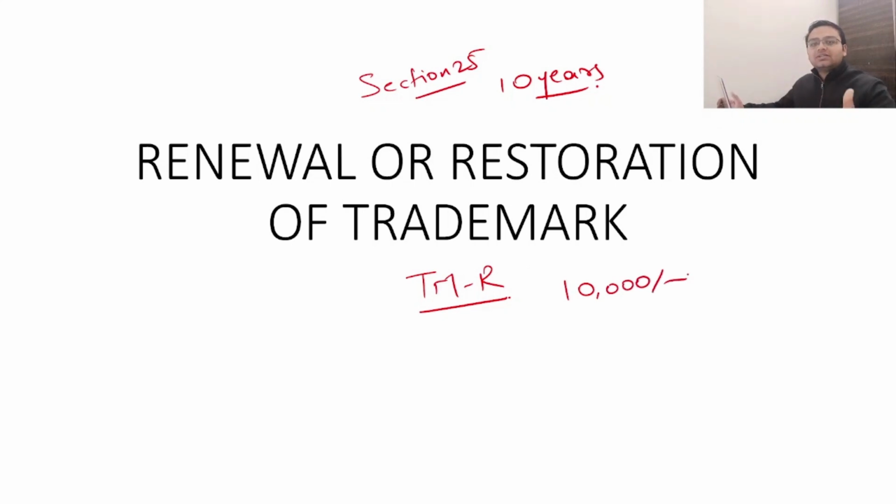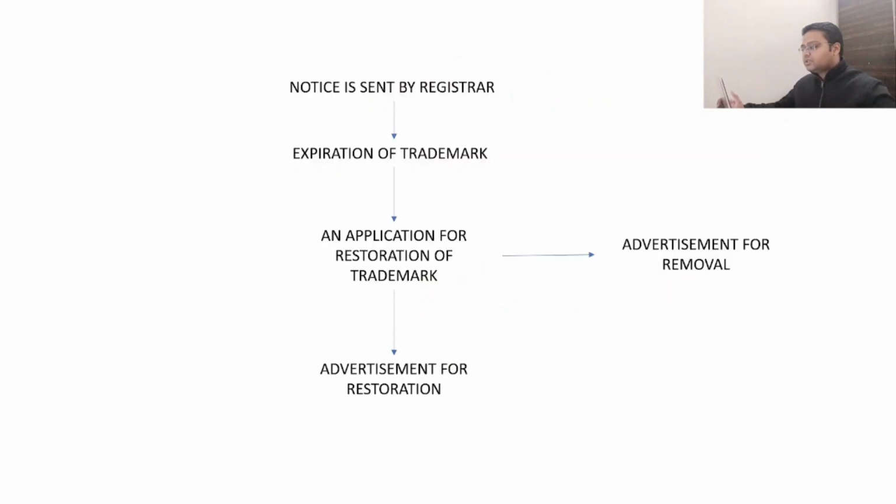So, how does this renewal or the restoration process work? First and foremost, a notice is sent by the Registrar to the applicant, to the owner of the trademark, the proprietor of the trademark. This is given under Rule 58, as per which 6 months prior to the expiry of the trademark, a notice will be sent.